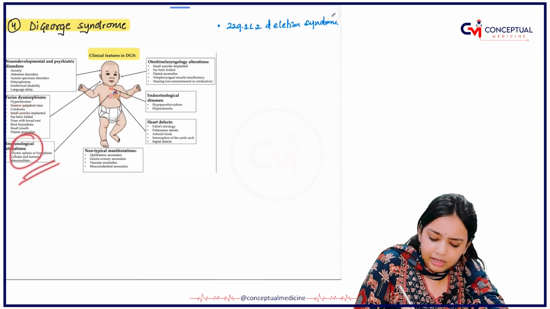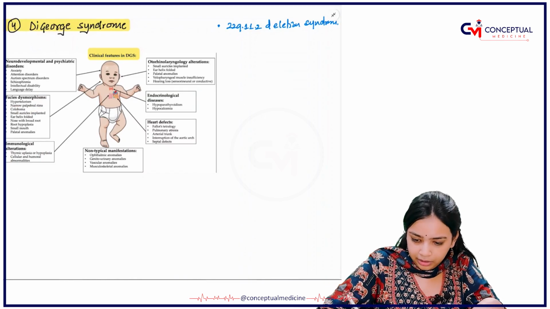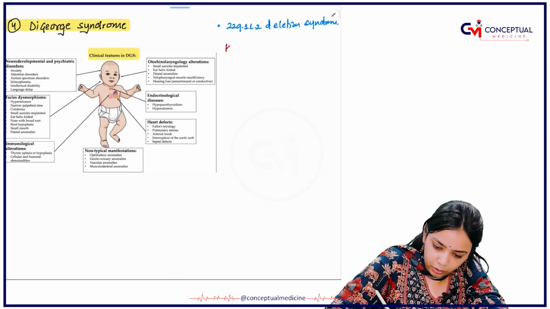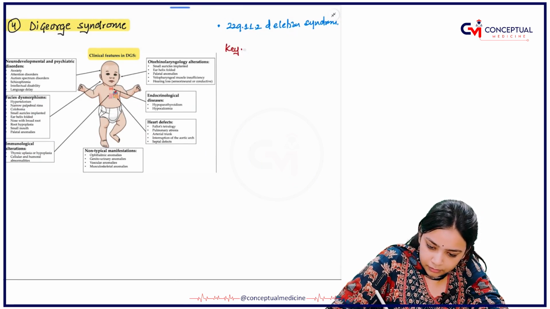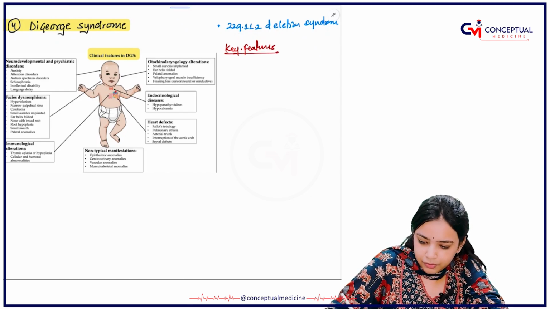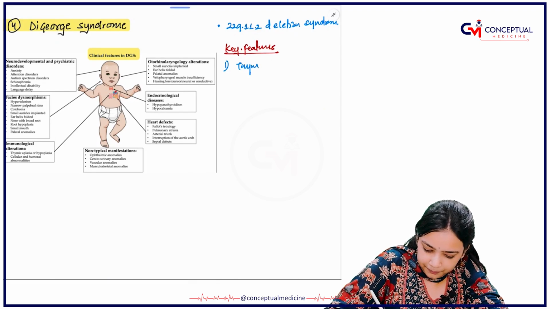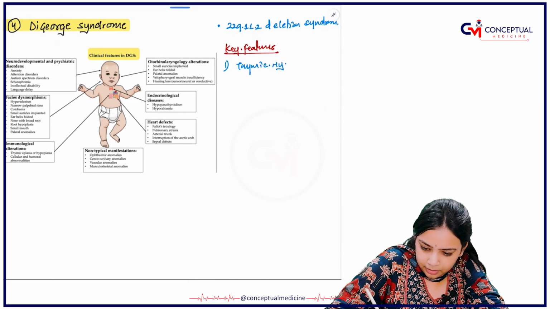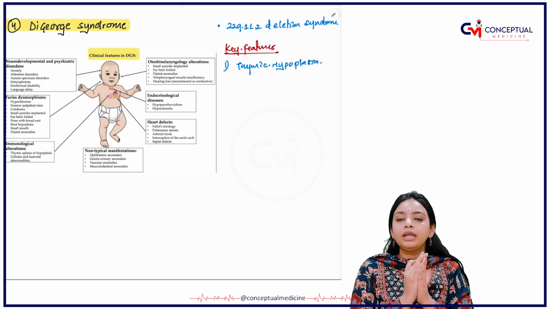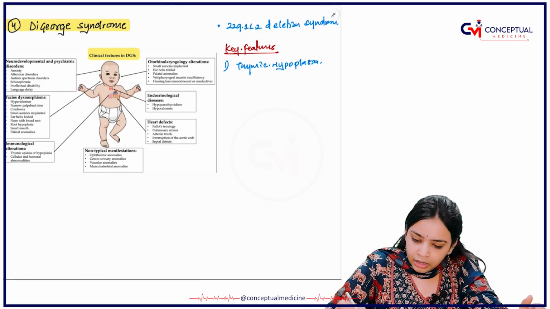So these are basically, see, not to remember much, but remember what are the basic important things that are there in the DiGeorge syndrome. See the key features. If I talk about the key features, first one can be your thymic hypoplasia. So what happens in thymic hypoplasia? It is basically a T cell deficiency. Okay.